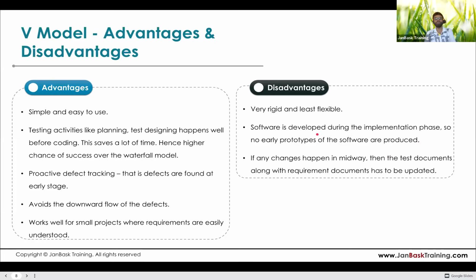Once you know what the other models are, where we actually get the prototype, then you'll be able to understand why this prototype is required, and why the waterfall model or V model have this disadvantage.